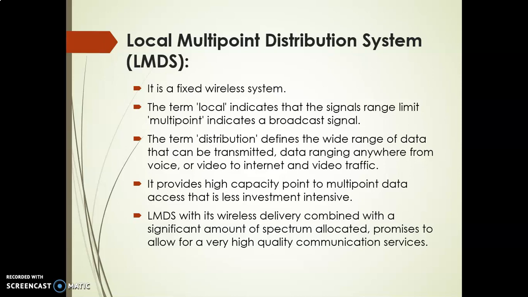LMDS with its wireless delivery combined with a significant amount of spectrum allocated promises to allow for very high quality communication services.